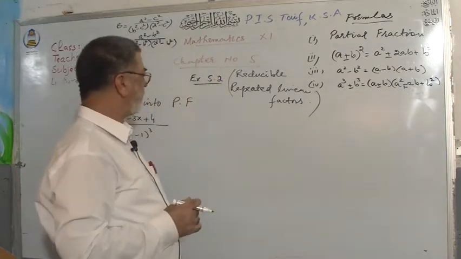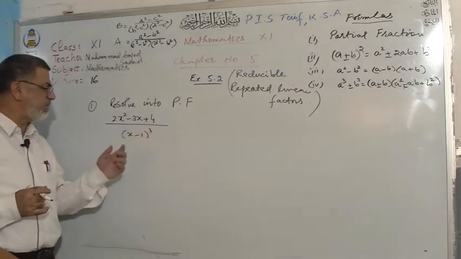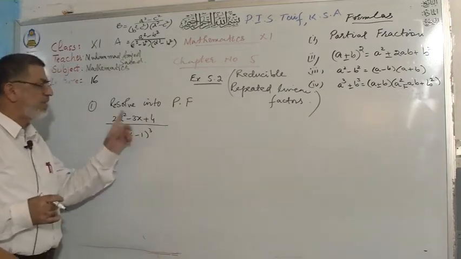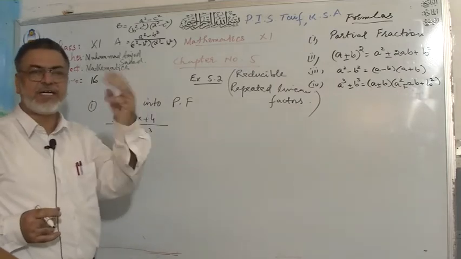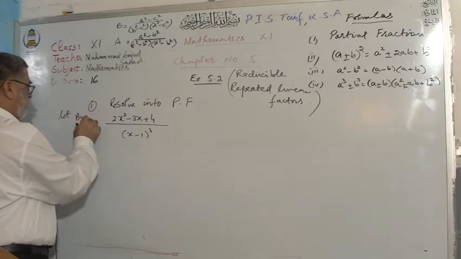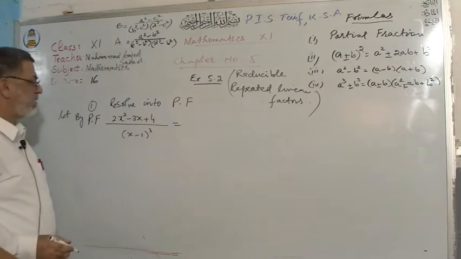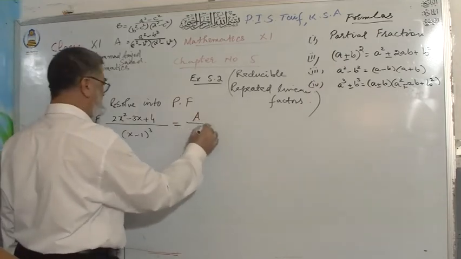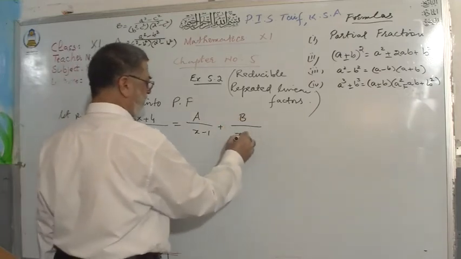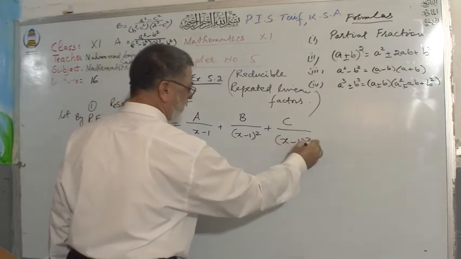It means that if x minus 1 is repeated 3 times, that power is 3, then we have 3 constants. Let by partial fraction, this will be a over x minus 1 plus b over x minus 1 square plus c over x minus 1 cube.